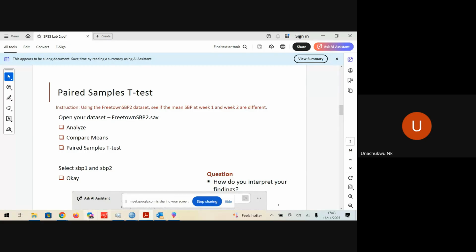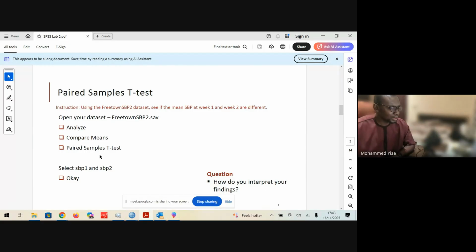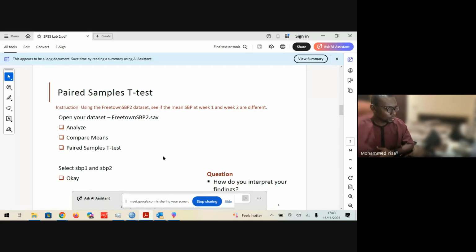Yeah. Okay, let me see if Ore is on the chat and she can help you through the chat box. I can see we have done just one example and we've almost spent 45 minutes. So I'll just go ahead, and if you are still having difficulties, you can draw my attention again, or you can type in the chat box and Ore will give you support. Is that okay?